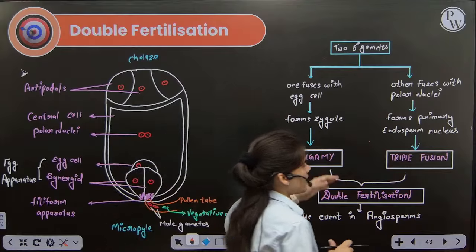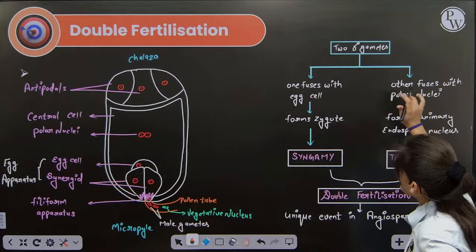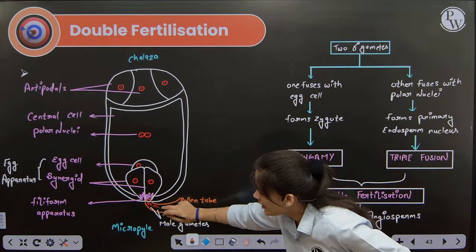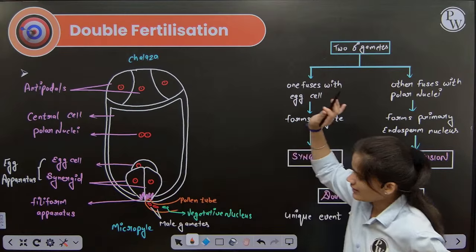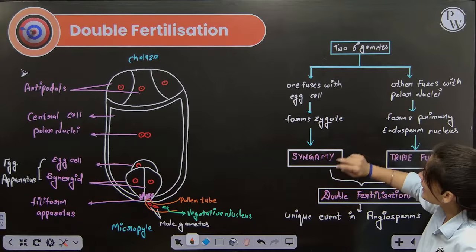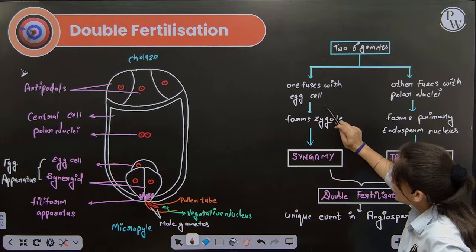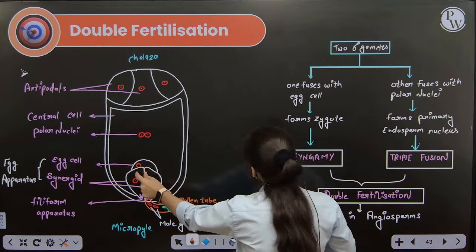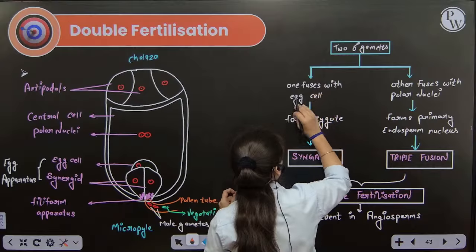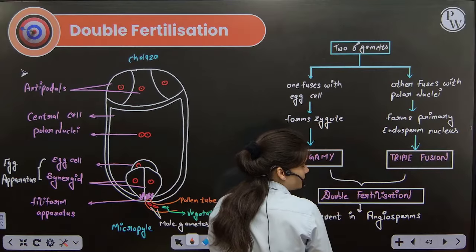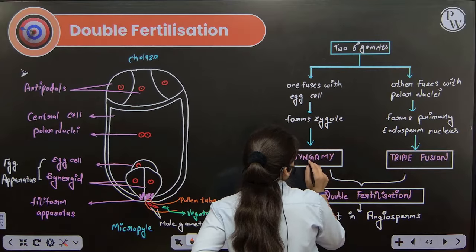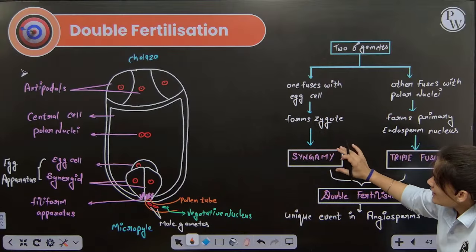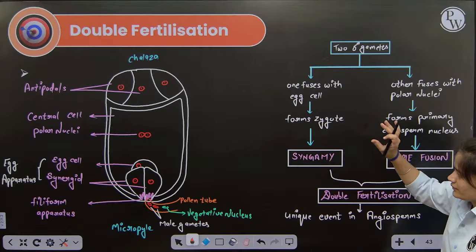Of these two male gametes, the pollen tube enters one of the synergid cells. Then the synergid degenerates. One male gamete fuses with the egg cell, and after fusion it forms the zygote. The process when one male gamete fuses with the egg cell is known as syngamy.